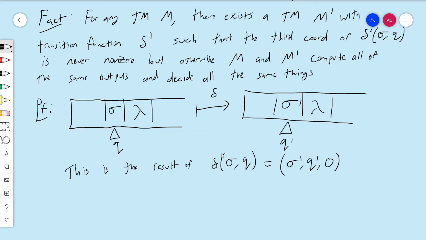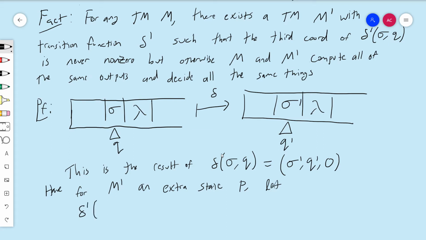So what we want is to do this in maybe more than one step. So have for M prime an extra state p, and let delta prime be defined as follows.